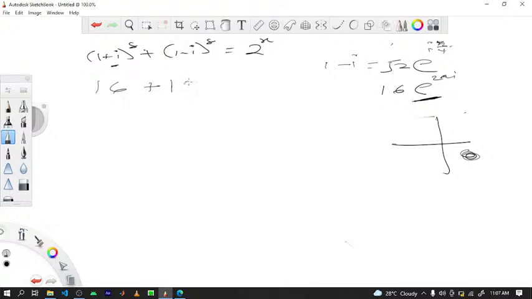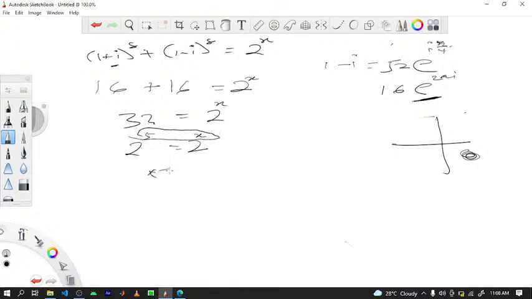So it gives you 16. Adding the two, 32 is equal to 2 to the power x. And you are very much aware 32 is 2 to the power 5, right? So 2 to the power 5 is equal to 2 to the power x. Comparing the exponents, this gives us x is equal to 5, right? So it's as simple as that. I hope you understand it.